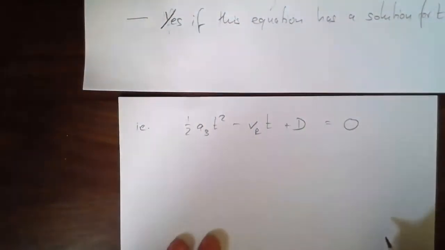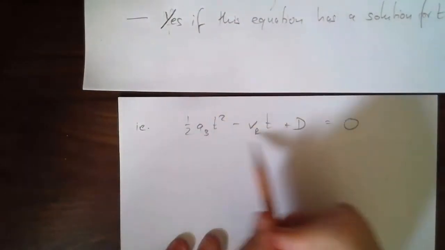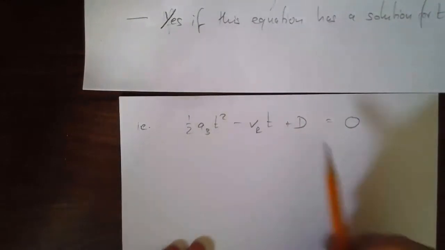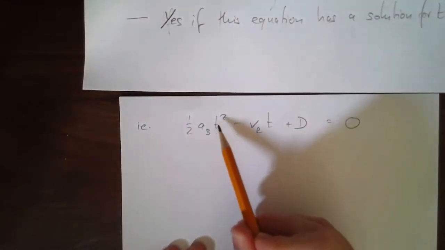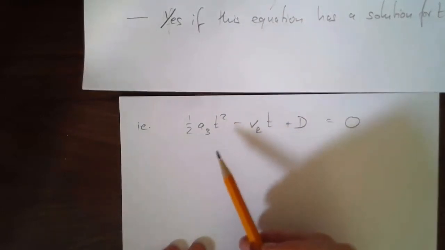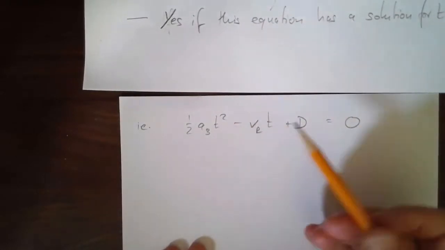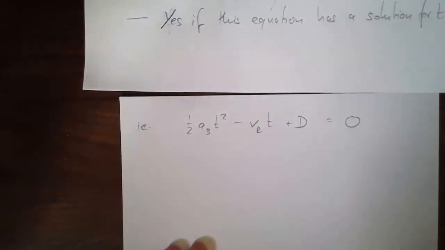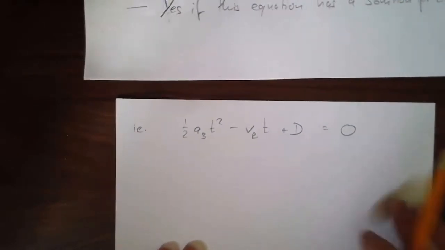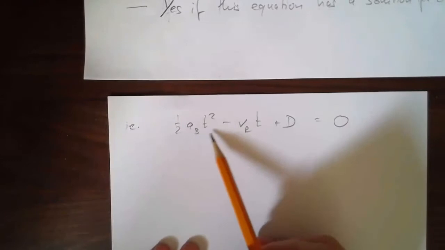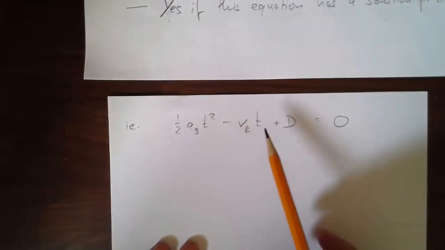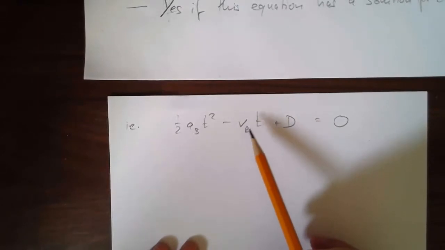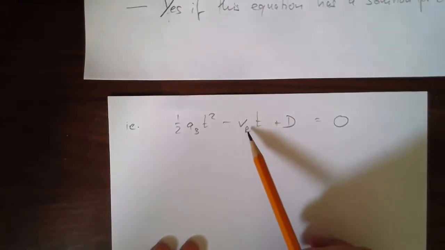I've just rearranged it to bring it into the standard form of a quadratic. And a quadratic can have real solutions or no solutions. I mean, it might have imaginary solutions, different story. We mean real solutions. So is there some time for which this is true? If yes, then that's the time you catch the bus. If not, then you haven't caught the bus.